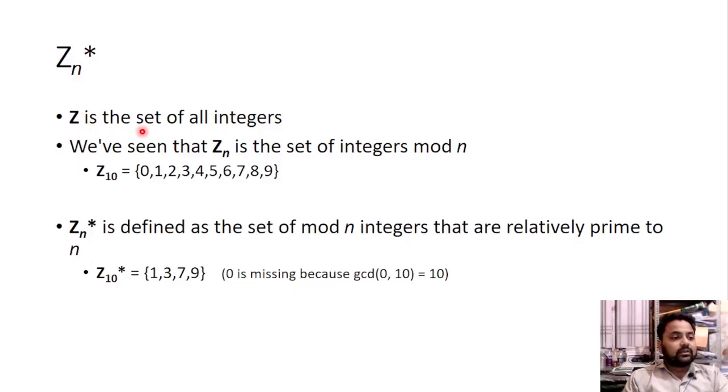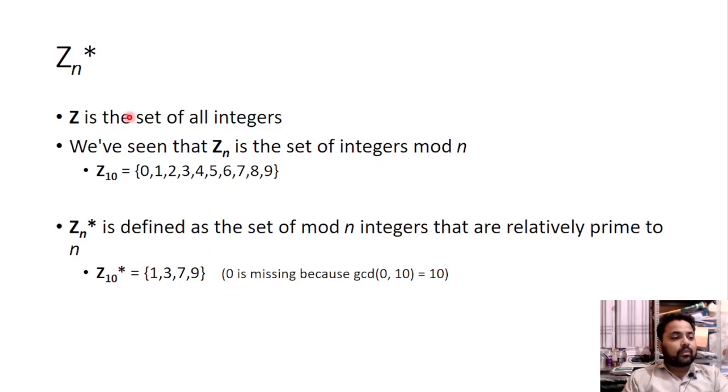Here Z is the set of all integers, and we have seen that Zn is the set of integers mod n. Z10 equals 0, 1, 2, 3, 4, 5, 6, 7, 8, 9, and Zn star is defined as the set of mod n integers that are relatively prime to n. So here Z10 star equals 1, 3, 7, 9.